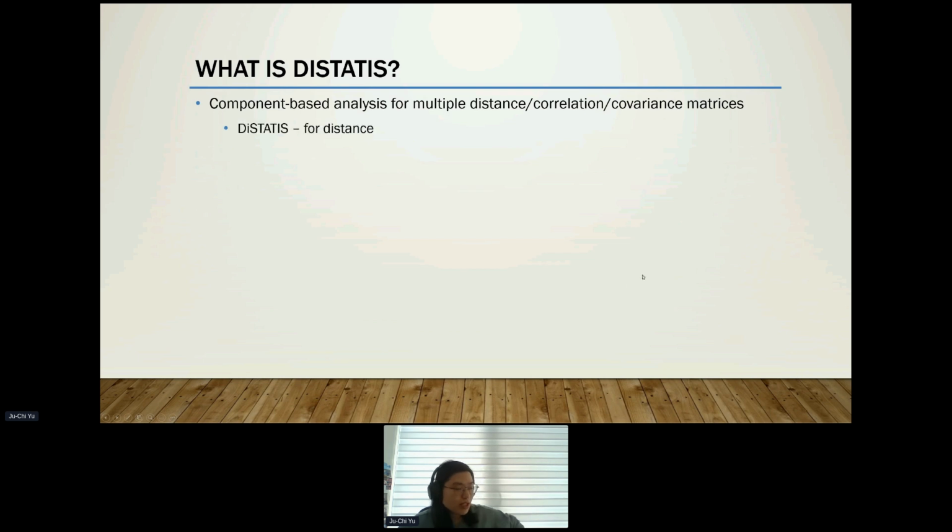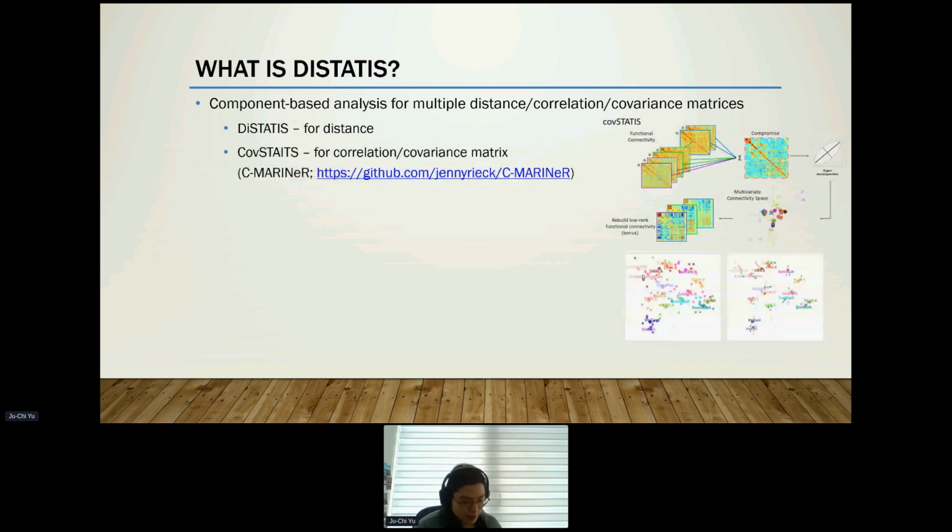But Derek and Jenny then developed a more specific type of DiSTATIS for correlation and covariance matrices, focusing on neuroimaging analysis. That's CovSTATIS, and I think several of you might be more familiar with this than me because CovSTATIS has been a pitch project for BrainHack Toronto in the past few years.